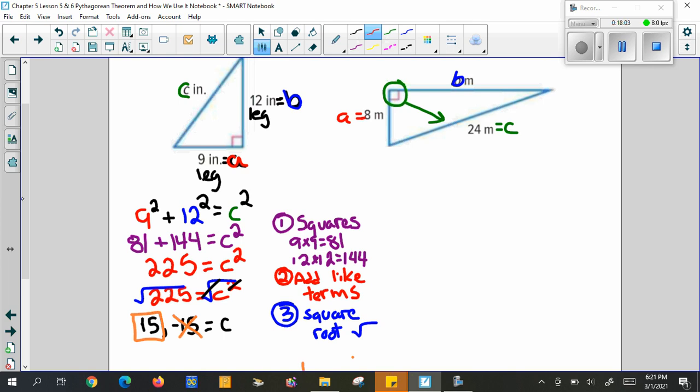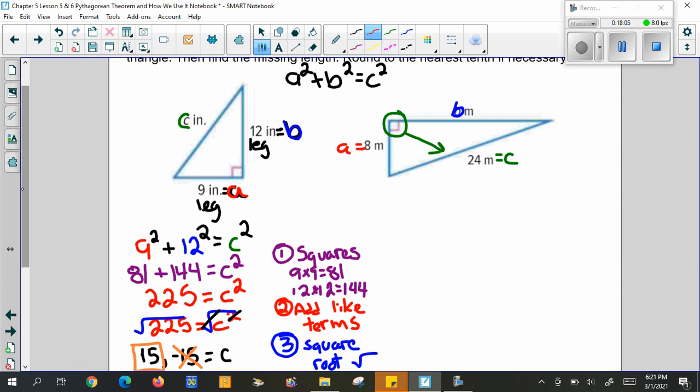Now we're going to go ahead and fill in that same equation. A squared plus B squared equals C squared. A is equal to 8, so 8 squared plus B, we don't know B, so the variable goes there.